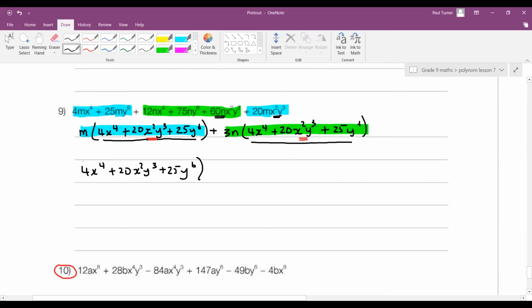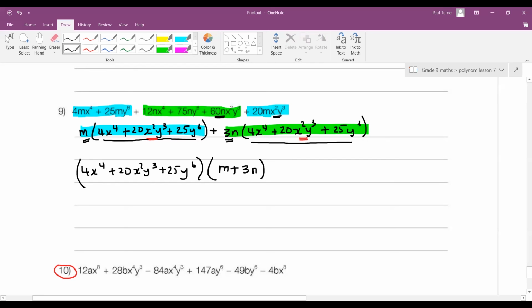That's your common factor. So now we're doing grouping. And you're left with m plus 3n as the other factor. That's from your grouping method. So this one's finished. m plus 3n, you can't factorize that anymore.